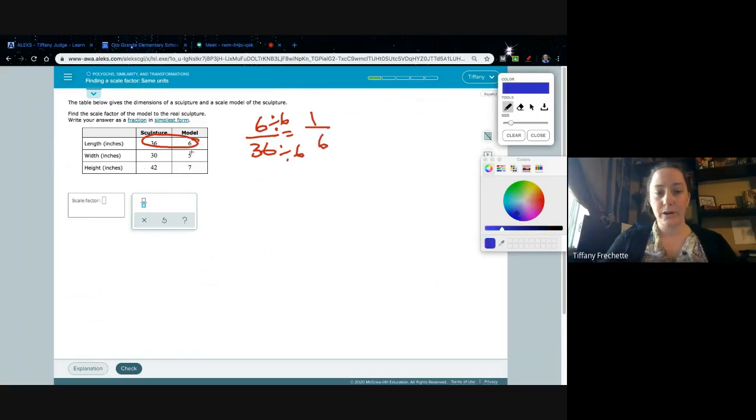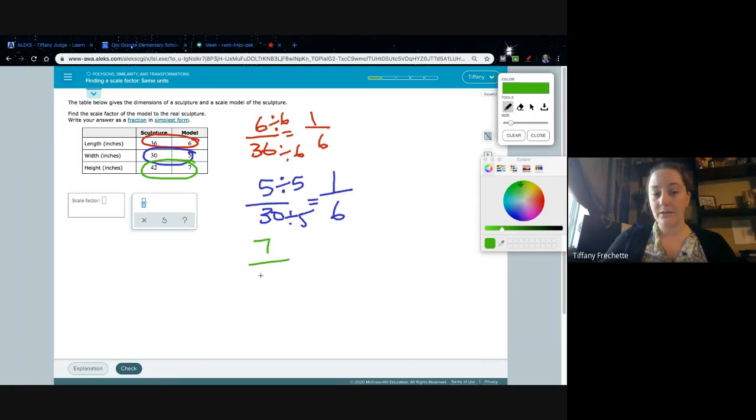Let's go with blue. We're going to go with width. So we have model to sculpture. Both of these can divide by 5. So 5 divided by 5 is 1. 30 divided by 5 is 6. So far, we look pretty darn good here. We just want to make sure we get the same one each time for each dimension. Otherwise, we did something wrong with our math.